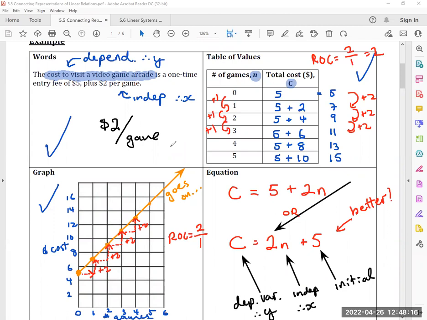From here on out, this is why it's important. It might seem simple, but this is important. Anytime I give you an equation of this sort, and you see the number multiplying with the x, that is my rate of change. So you know exactly what number I'm going up by.